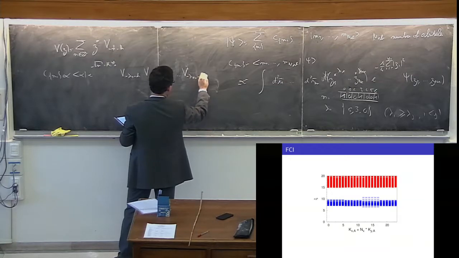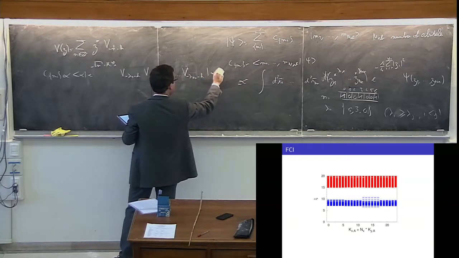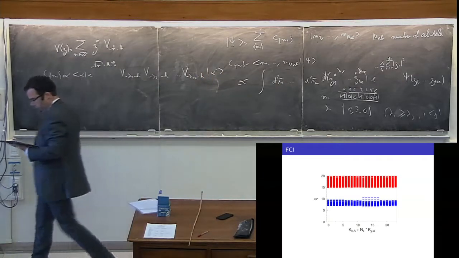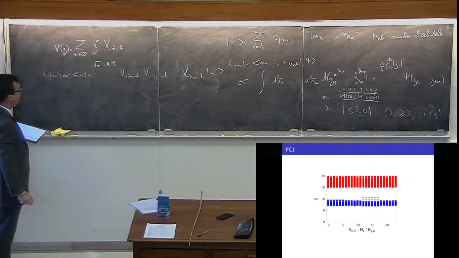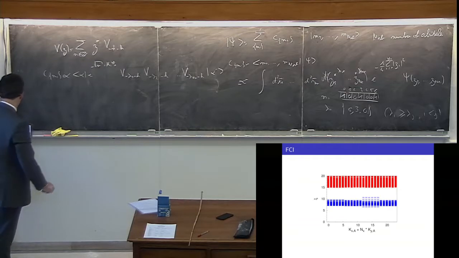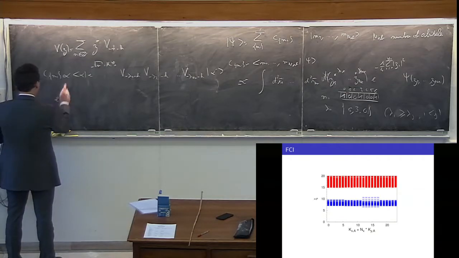Minus e minus h alpha prime. You can make this formula a bit nicer by using the following property about this mode.